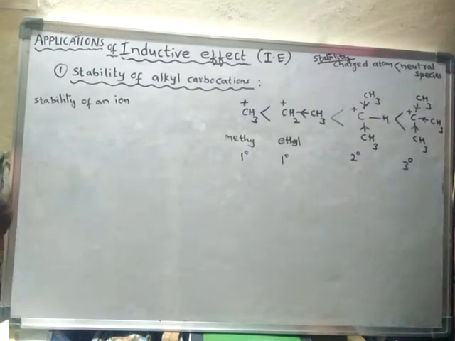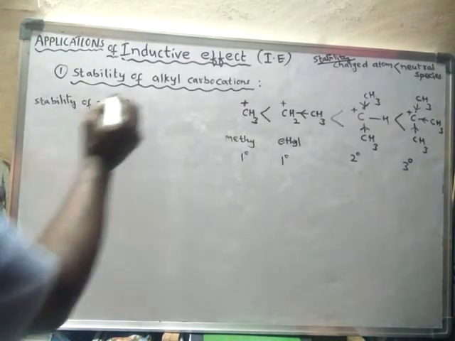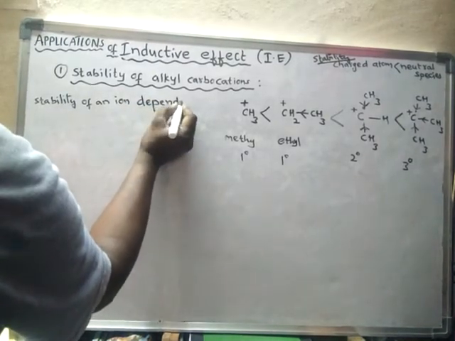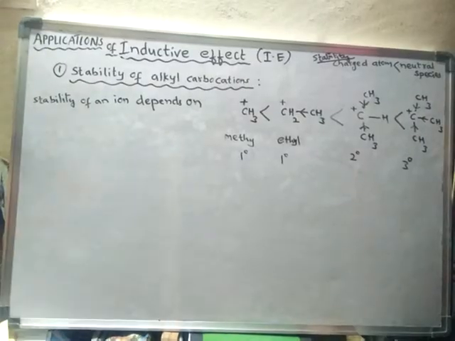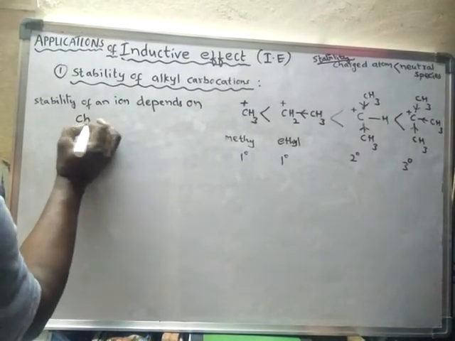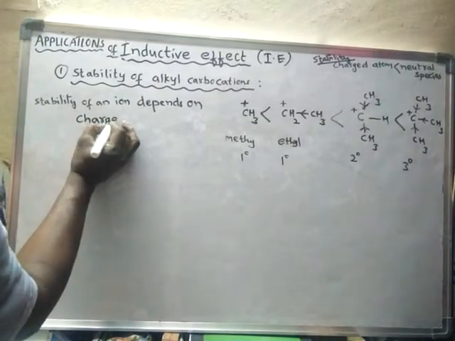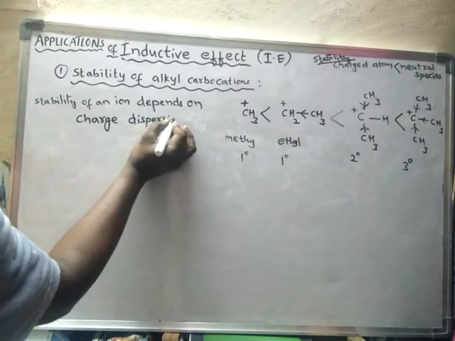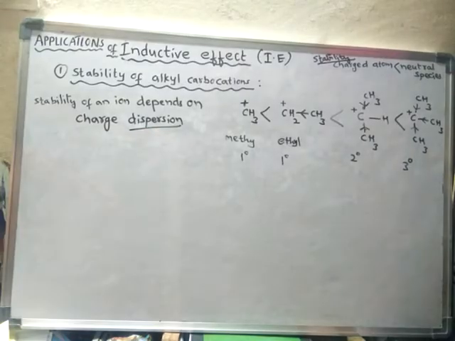So the stability of an ion depends on what? It depends on charge dispersion, that is, delocalization. Dispersion means delocalization.